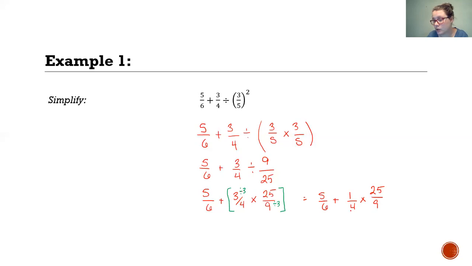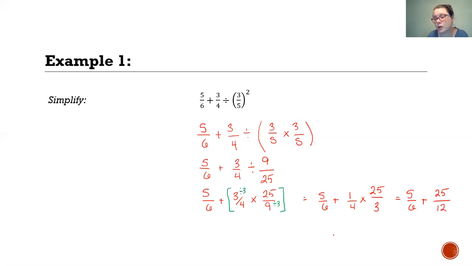Now, 25 over 9, 25 over 3, sorry. Let me just pop my eraser out here. I'm just getting ahead of myself. 25 over 3. And now we just multiply. Okay, so we'll simplify it a little bit more. This is going to give us 5 over 6 plus 1 times 25 leaves me with 25. 4 times 3 is 12.